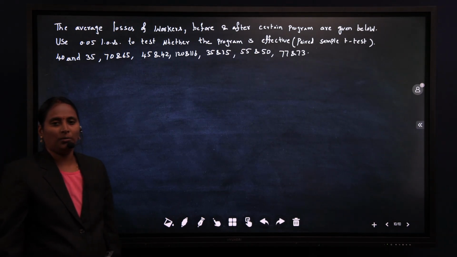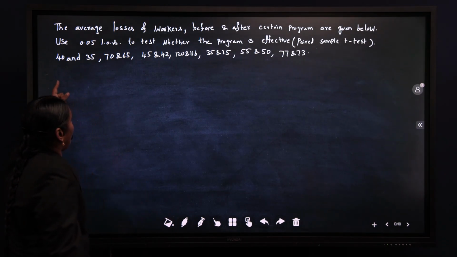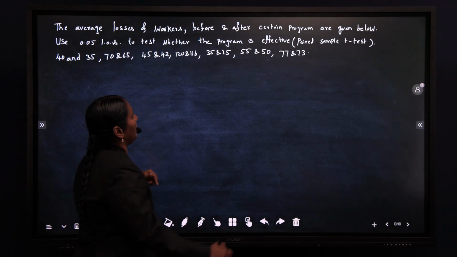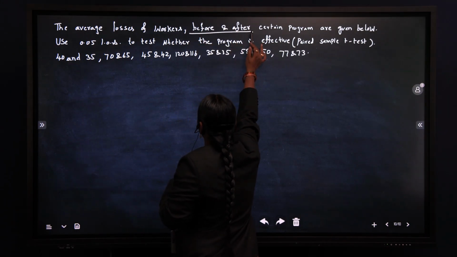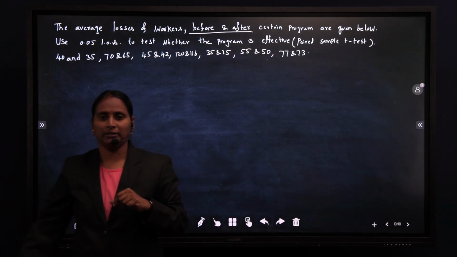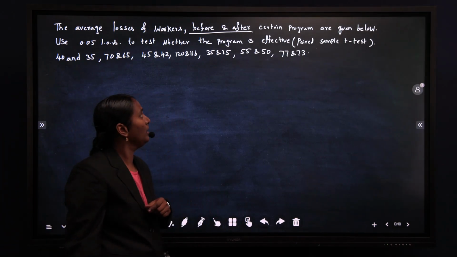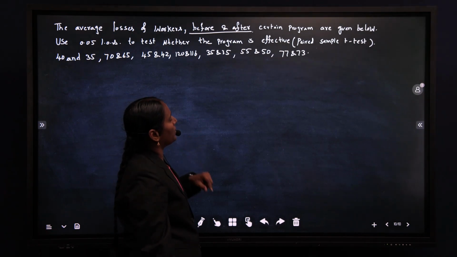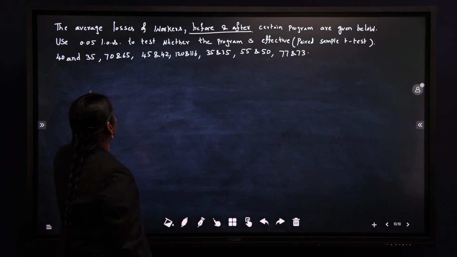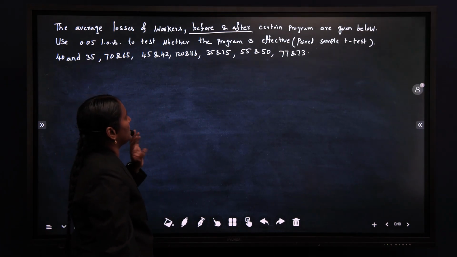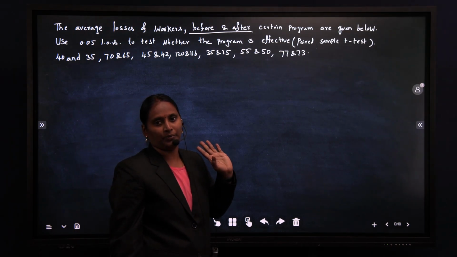Now let us see the problem on paired t-test. Here are the average losses of workers before and after a certain program. When you read the given problem, you have to identify that it is based on before experimentation and after experimentation. Use a 5% level of significance to test whether the program is effective.